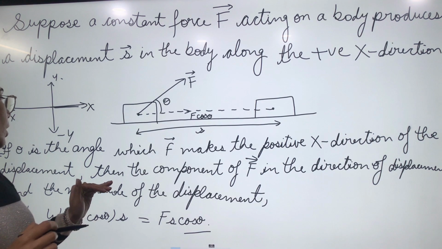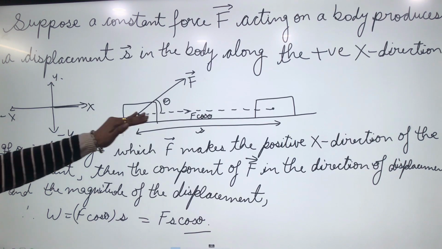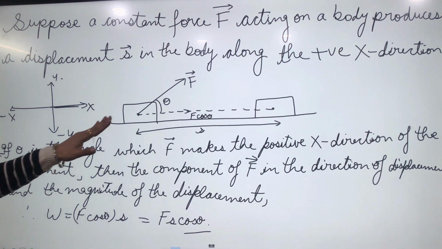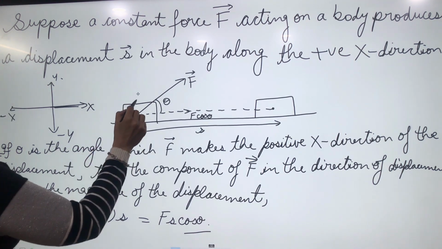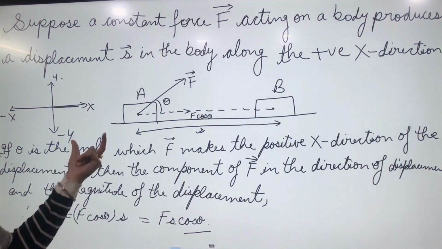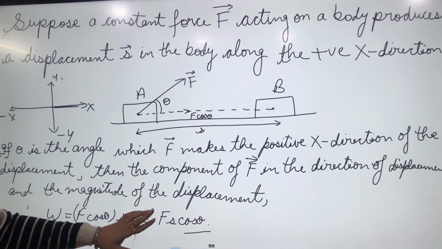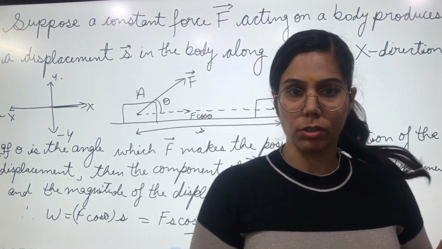If theta is the angle which the force makes with the positive x direction, and the body is displacing from point A to point B with displacement S, then force can be divided into two components, F sin theta and F cos theta.